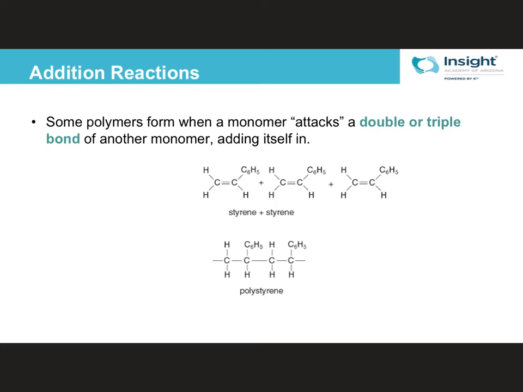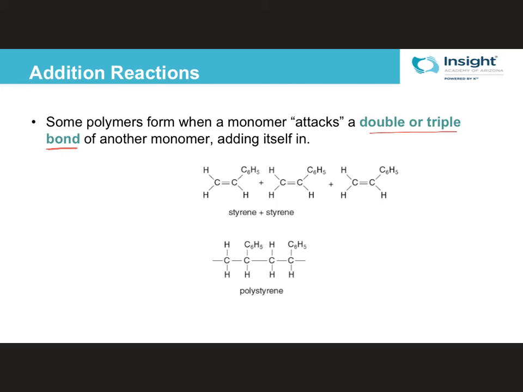Another kind of reaction that can bond monomers together is what is called an addition reaction. These occur when you have double or triple bonds. The electrons within the double bonds can attack a neighboring double bond to add itself.